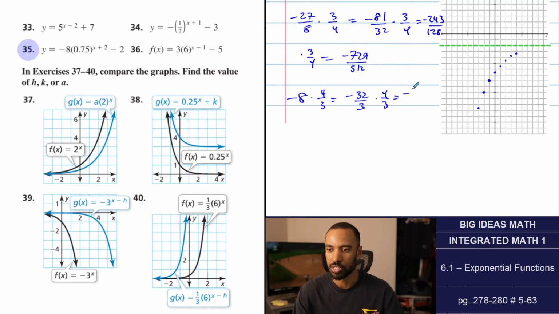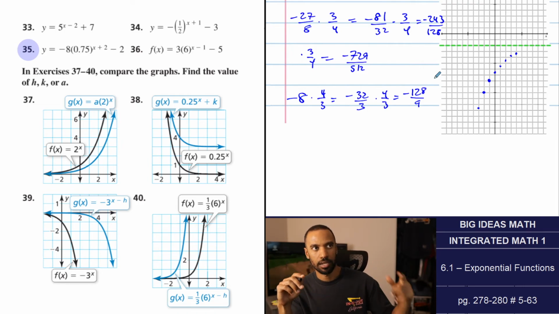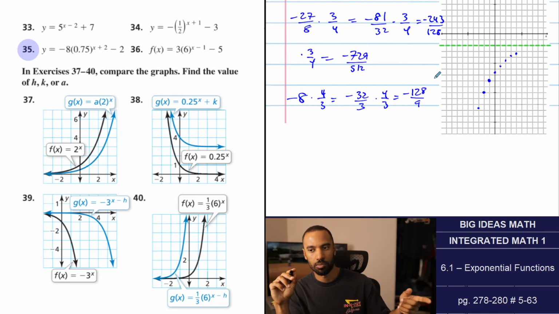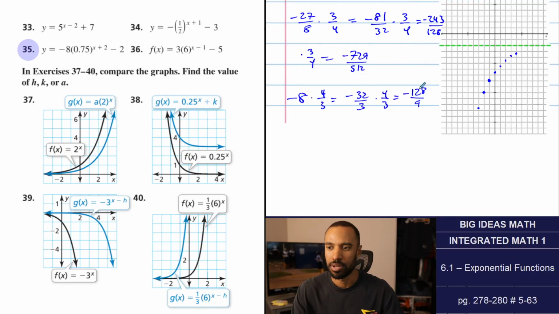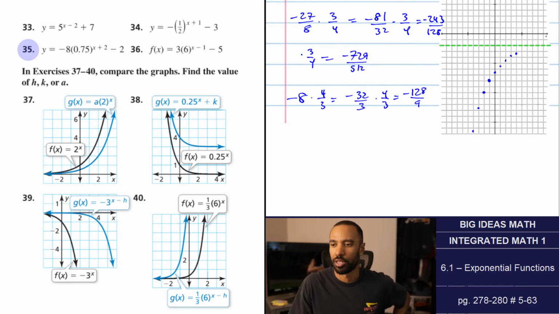Times 4/3 is negative 128 over 9. 9 is 90, 99, 108, 117. About negative 14 and change. So, yeah, it's going to be about here, really close to something like that.